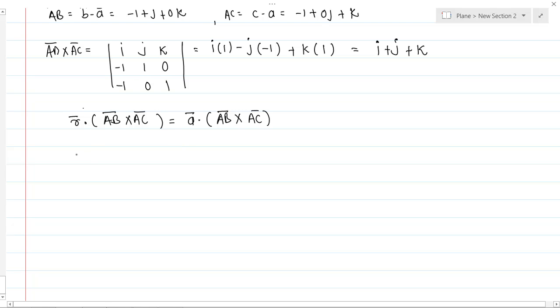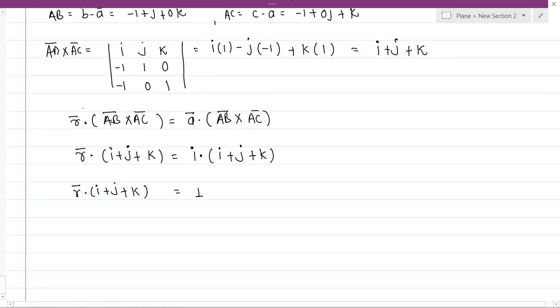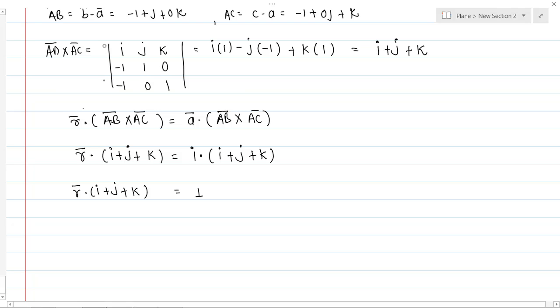Okay, so r bar dot (i plus j plus k) equals A bar, which is nothing but i dot (i plus j plus k). So after solving this you will get i dot i, which is 1, 0j and 0k. So no problem, we have only 1 on the right hand side. On the left hand side we will be left with i plus j plus k. So that's it. This is what the required equation of the plane.